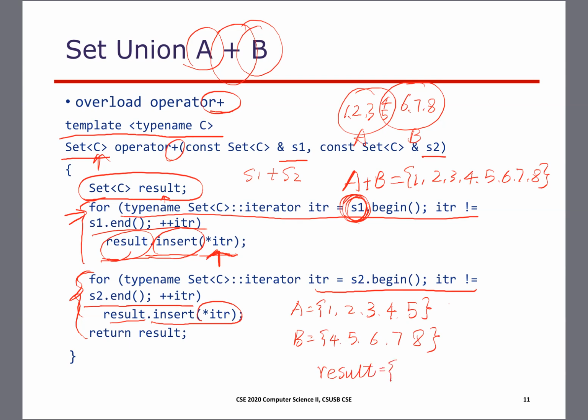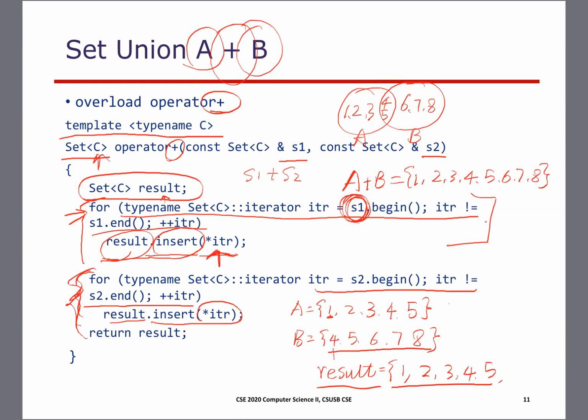Then for each element in set A, we call insert to put each element in result. So insert 1, insert 2, insert 3, insert 4, insert 5. This is the first for loop. We insert every element in A into result. Now we have 1, 2, 3, 4, 5. And then in the next for loop, we add every element of set B to the result.